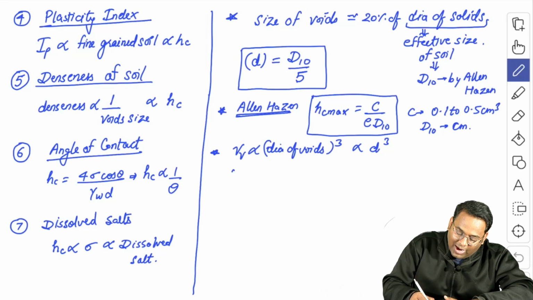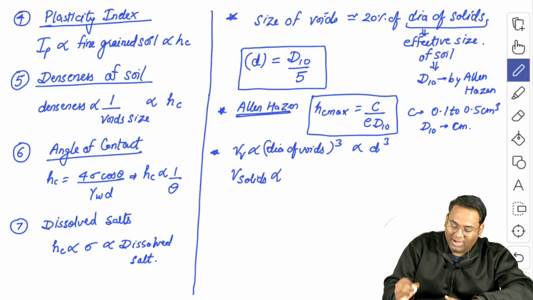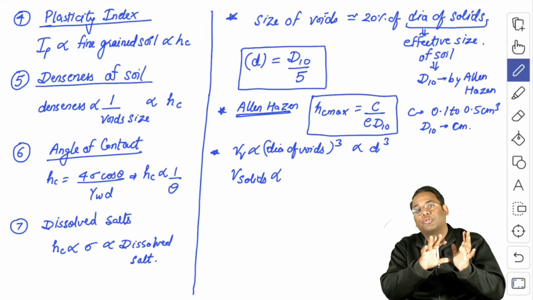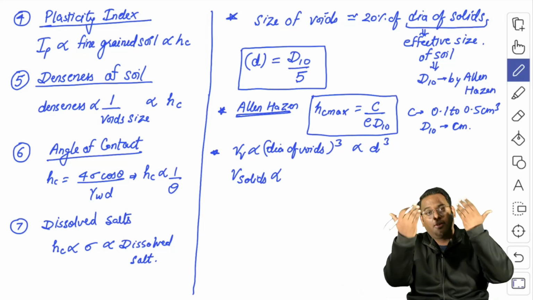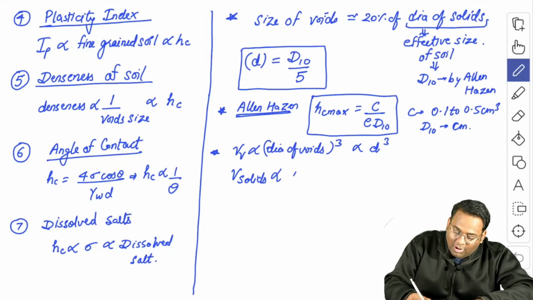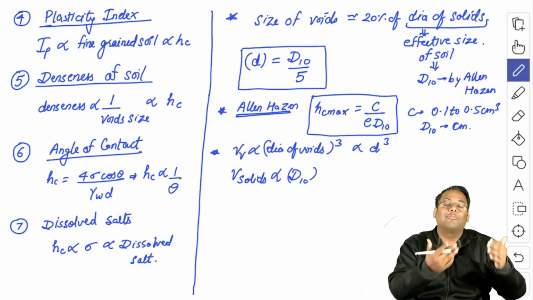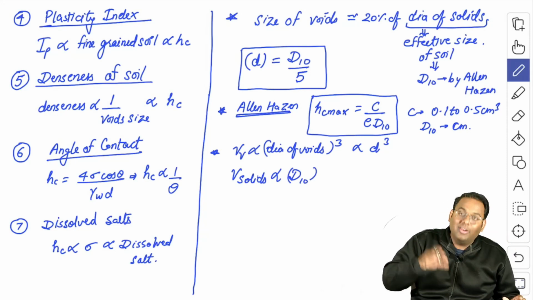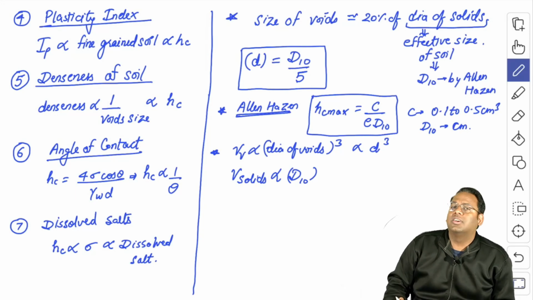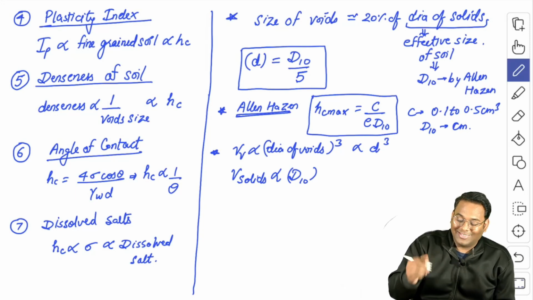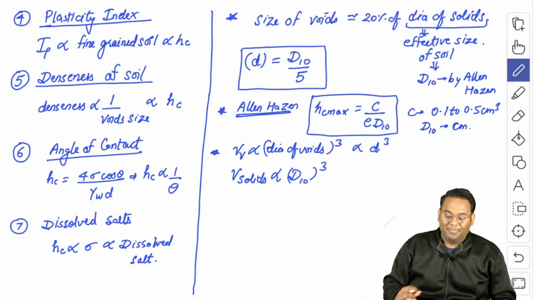But if I ask you the volume of solids, obviously the volume of solids will be directly proportional to the size of solid raised to power 3, because we are going to calculate the size of solids here. So obviously you have to use the diameter of solids, that is D10 raised to power 3.